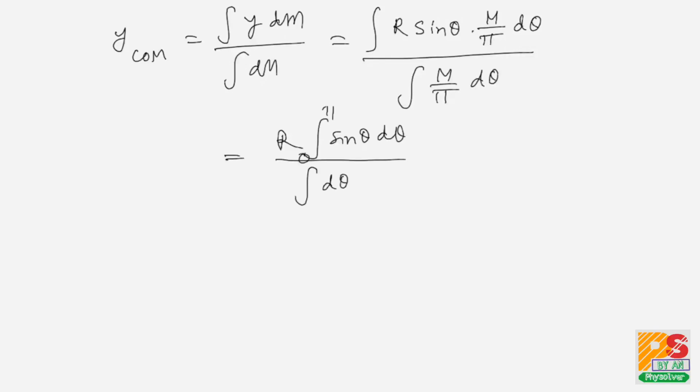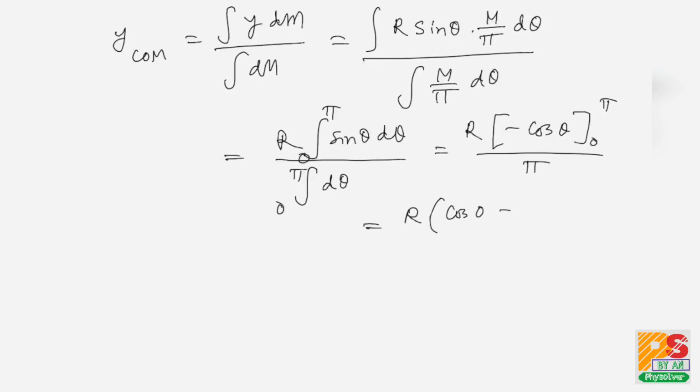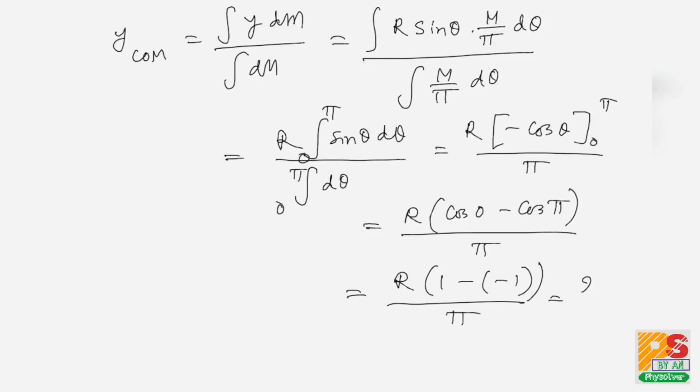Again the limit will be from 0 to pi, so integration of sin theta is minus cos theta, 0 to pi, divided by pi, so it will give us cos 0 minus cos pi. Cos 0 is 1, cos pi is what? Minus 1. So 1 minus of minus 1 divided by pi, which is 2r by pi. Now this is a very important result, 2r by pi.